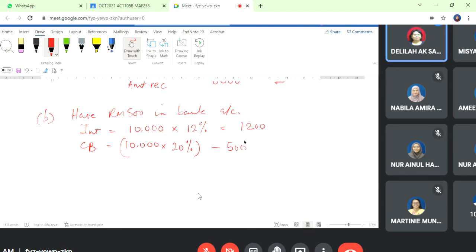Minus 500 ringgit, so that means you need another 1,500 to top up duit yang dah ada dekat bank tu. So CB now becomes 1,500.